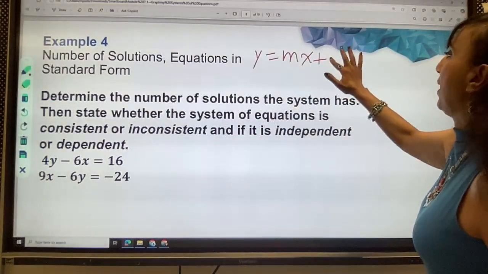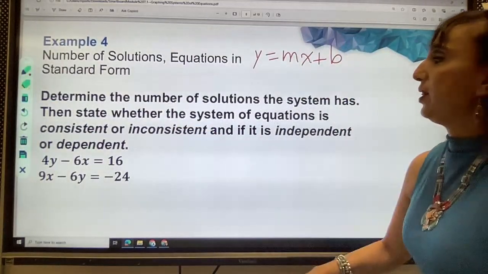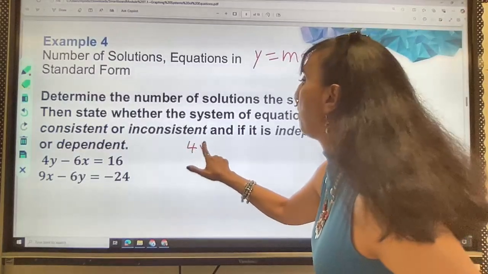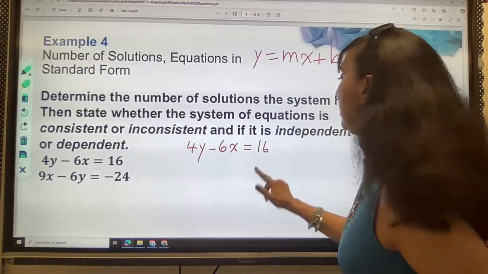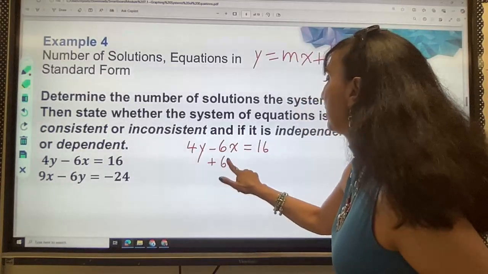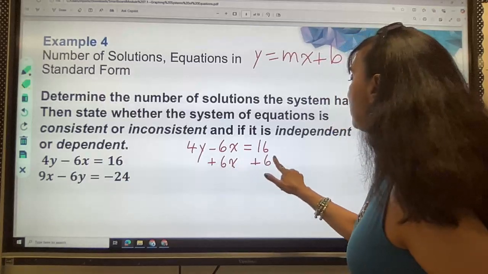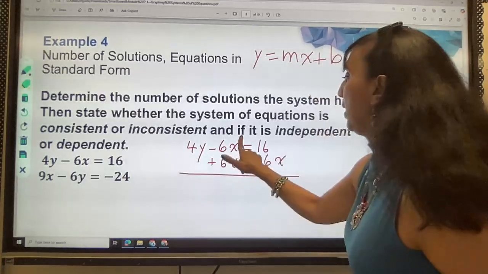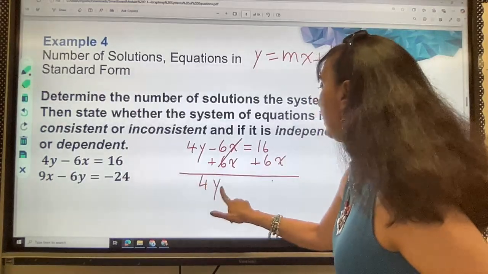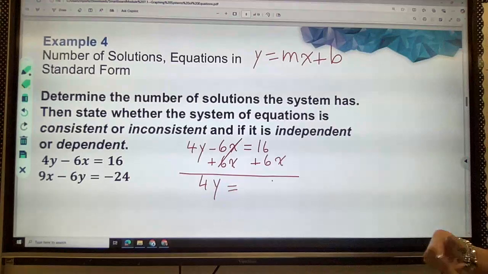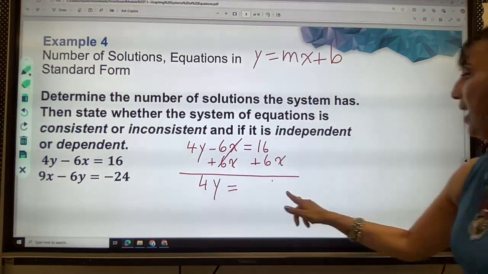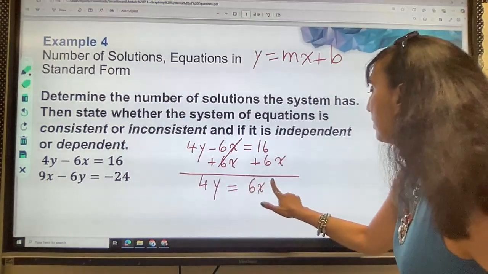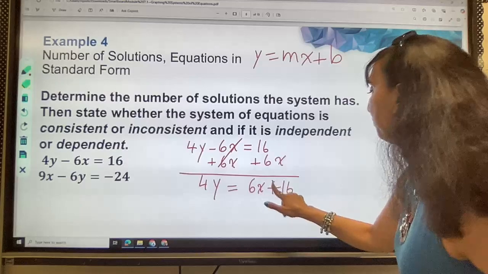Let's start with the first one. It says 4y minus 6x is equal to 16. So I'm going to add 6x to both sides of the equation, and I get 4y is equal to 6x plus 16.